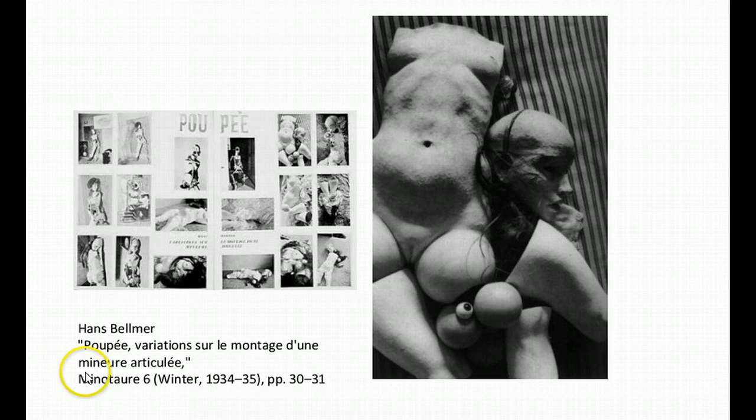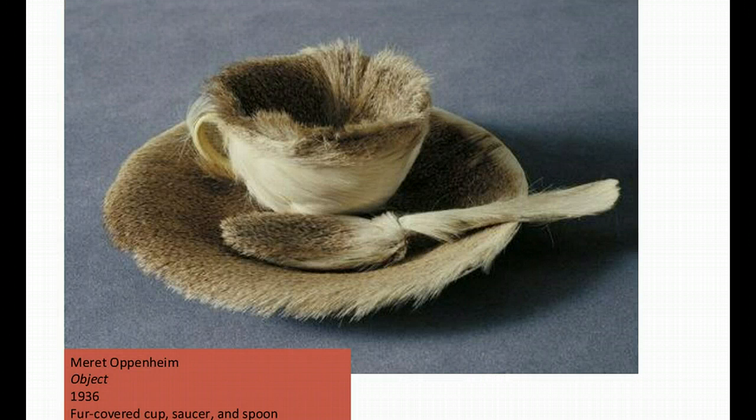And you can see here, Minotaur 6, Winter 1934-1935. This was published in an art magazine. In 1936, female artist Meret Oppenheim made this object, and every male art historian that I have ever read comments on this, always brings up the fact that Pablo Picasso talked to her around the time that she was making this work.